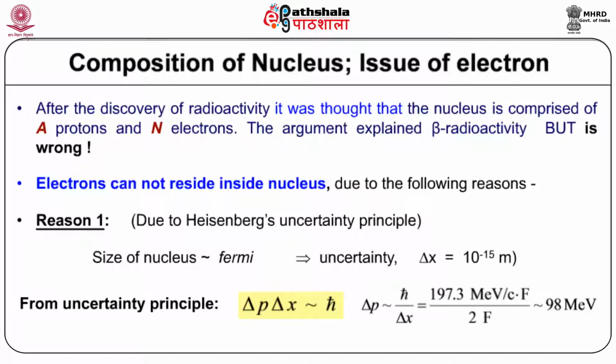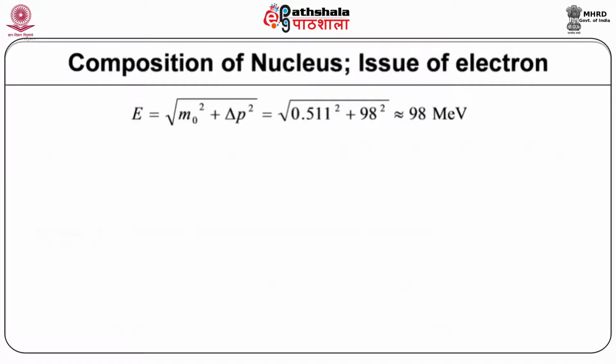So if we put the value of Planck constant divided by 2 pi and the value of delta x, which is of the order of 10 to the power minus 15, we get a value of around 98 MeV. So in the previous slide, we found that if the electron has to be within the nucleus, then the momentum should be of the order of 98 MeV.